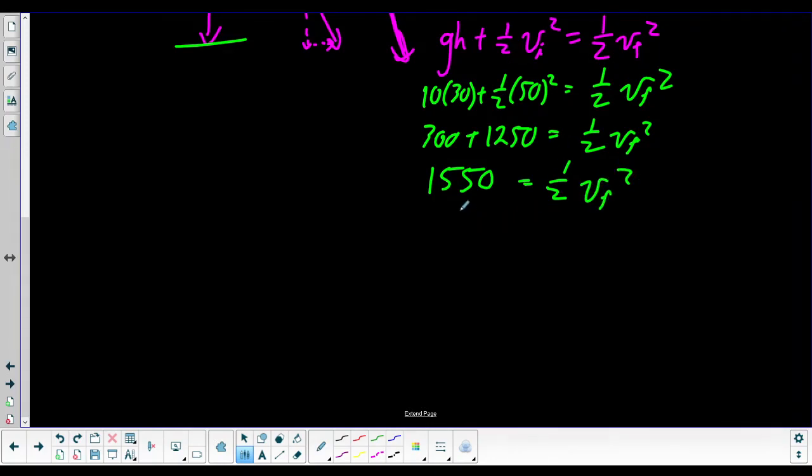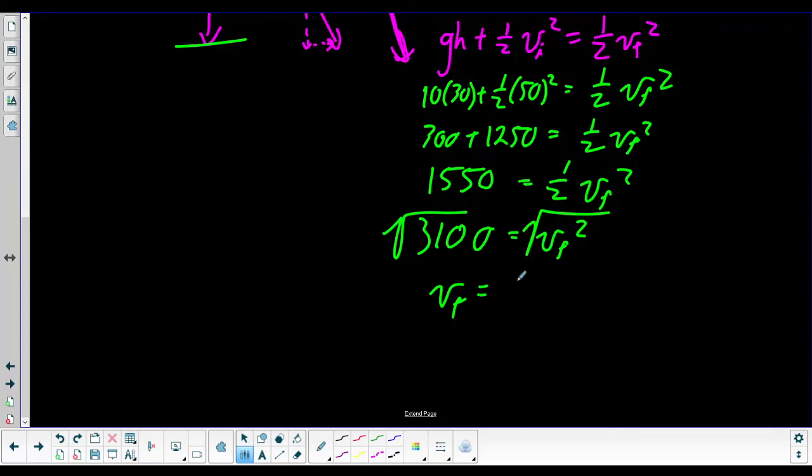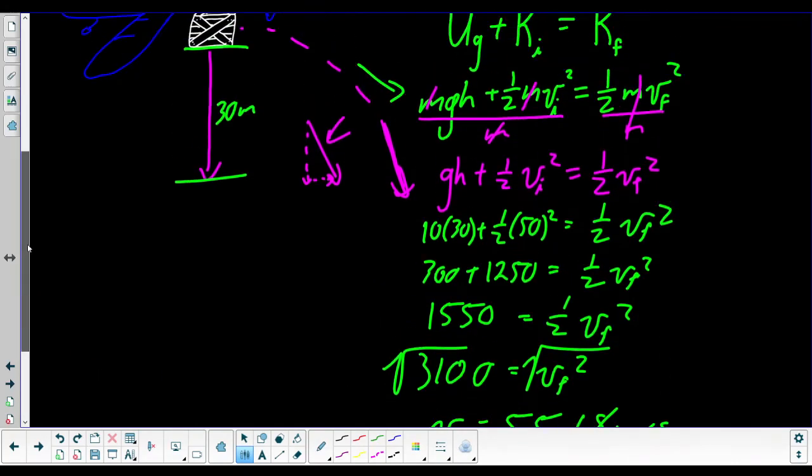Times 2 to get rid of the 1/2, that is 3,100 equals v final squared. And then we take a square root with our calculator, and we get v final equals 55.68 meters per second. Keep in mind, this is, of course, the magnitude of our velocity.